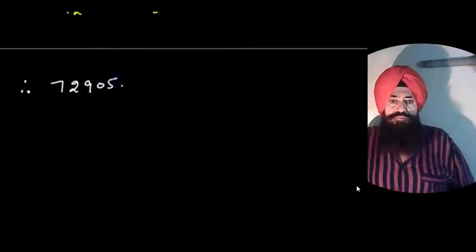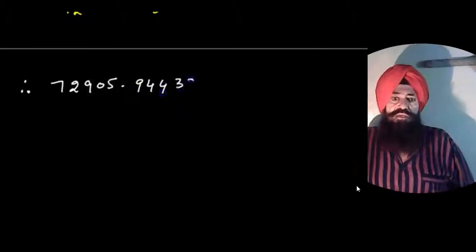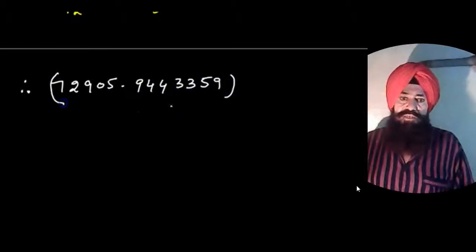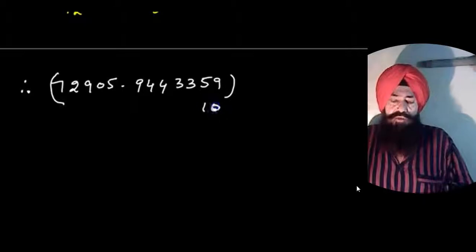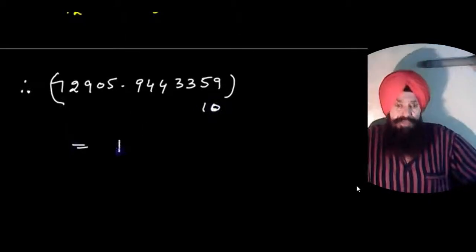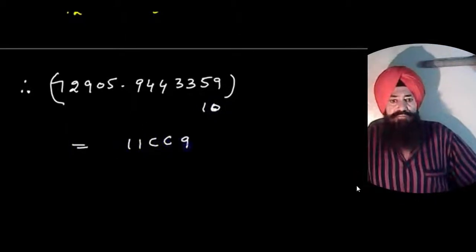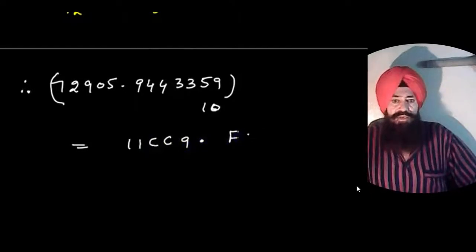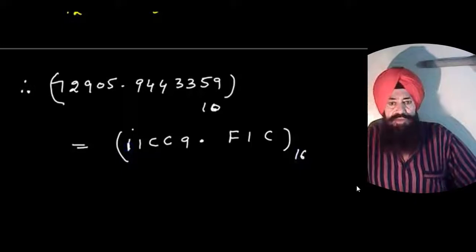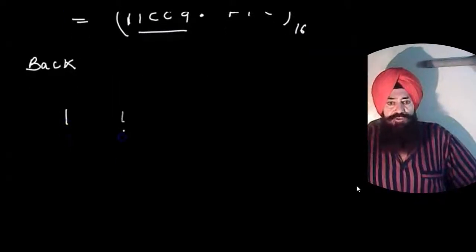Now the last one is the back calculation. So our result is, converting this decimal number into the hexa system, 11C9, then point F1C. Now the back calculation, meaning hexa to decimal again.